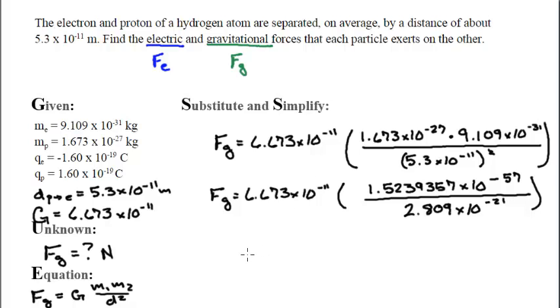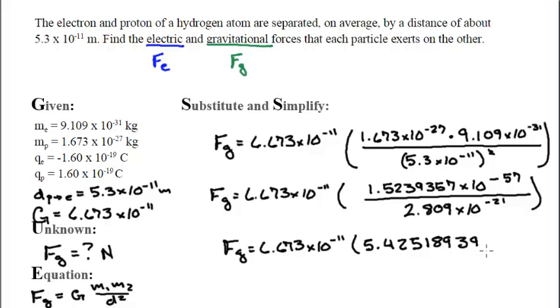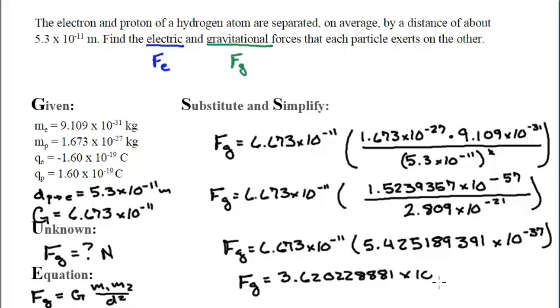So now I can solve the parenthesis, and I get 5.425189391 times 10 to the negative 37. And then finally, I get a force due to gravity of 3.6220288881 times 10 to the negative 47 newtons.